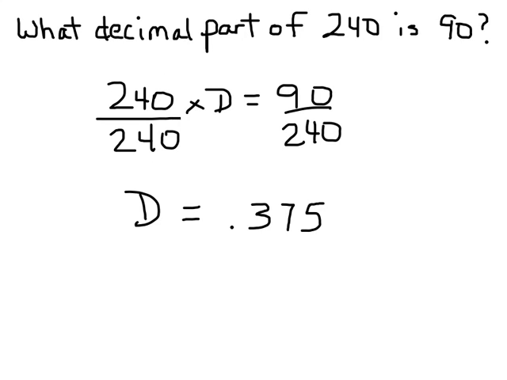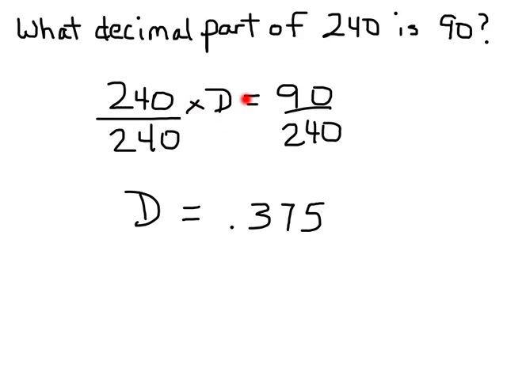Alright, what decimal part of 240 is 90? This means multiply, this means equals, so 240 times D, I just use D for decimal, it could be N or P or whatever, equals 90.